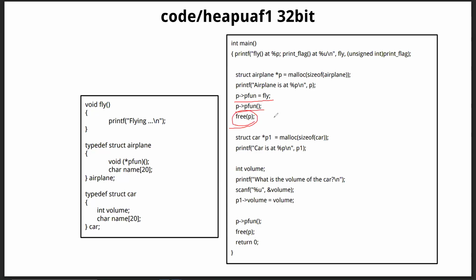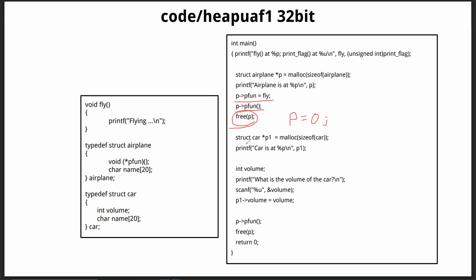After we free this, the good programming practice is to set p to 0. Good developers should do that, but if you check in the wild, many people don't.